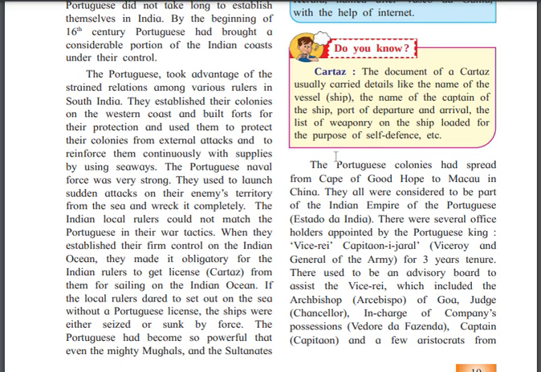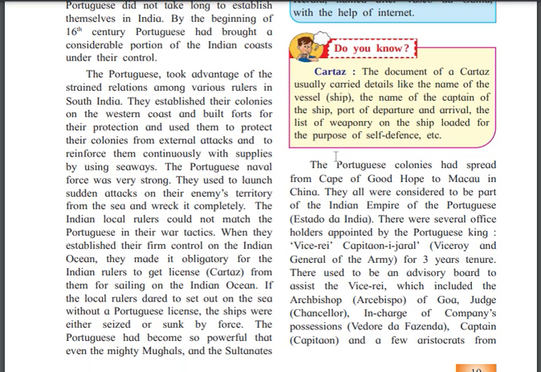Okay. Now, when they established their firm control on the Indian Ocean, the Portuguese made it obligatory for Indian dealers to get license cartas for sailing on the Indian Ocean.